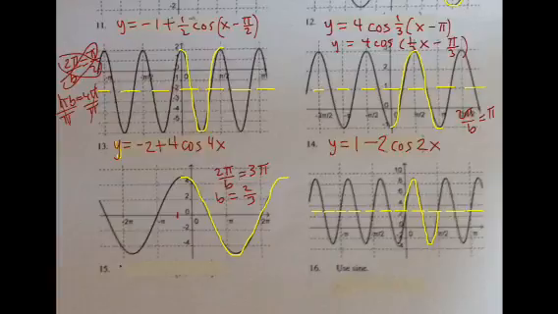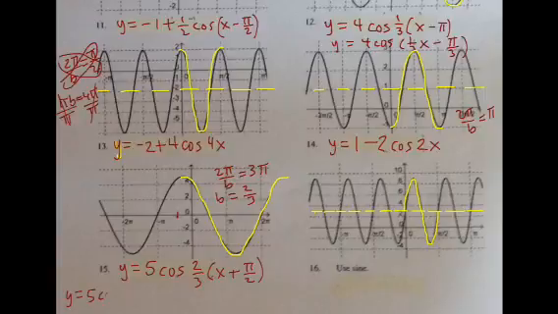So y equals 5 cosine, period is 2/3, and there's a translation to the left, so we're going to put plus pi over 2. And that's okay. But you could also distribute the 2/3, and you get y equals 5 cosine 2/3 x plus, when you distribute the 2/3 with the pi over 2, you get pi over 3.